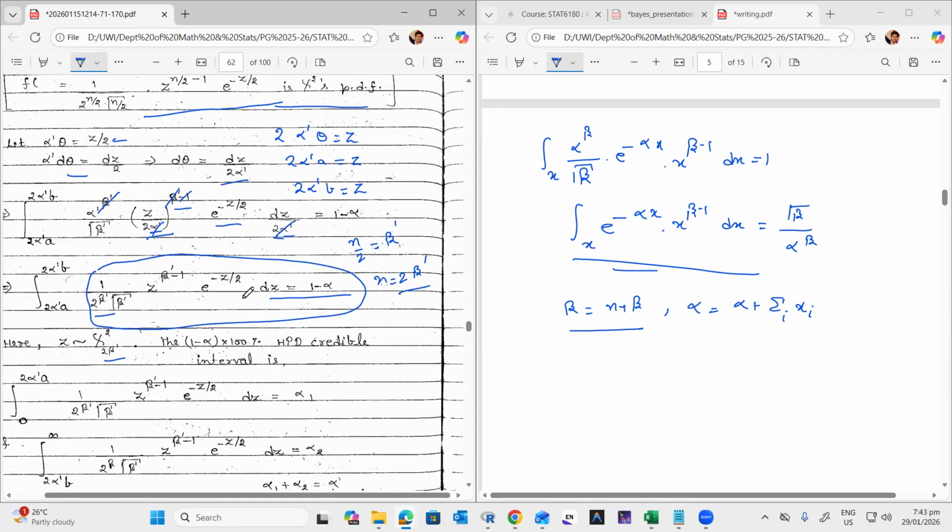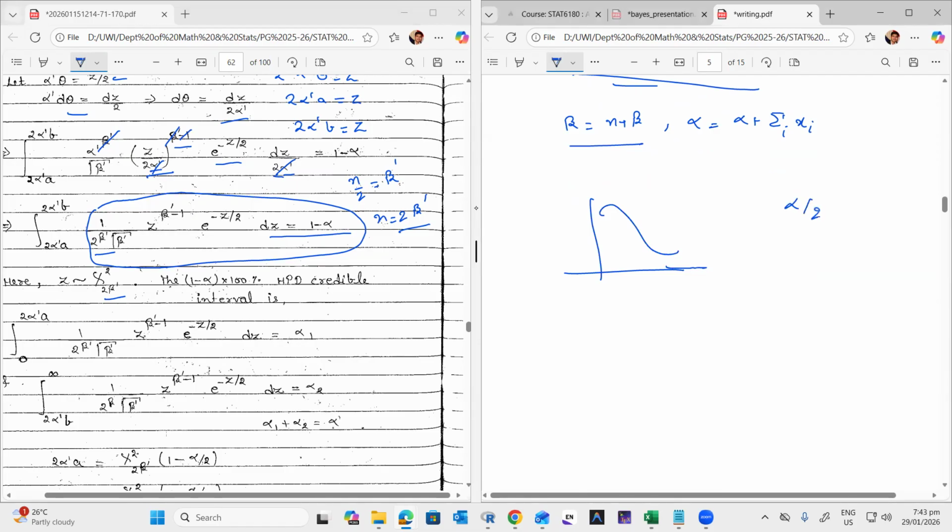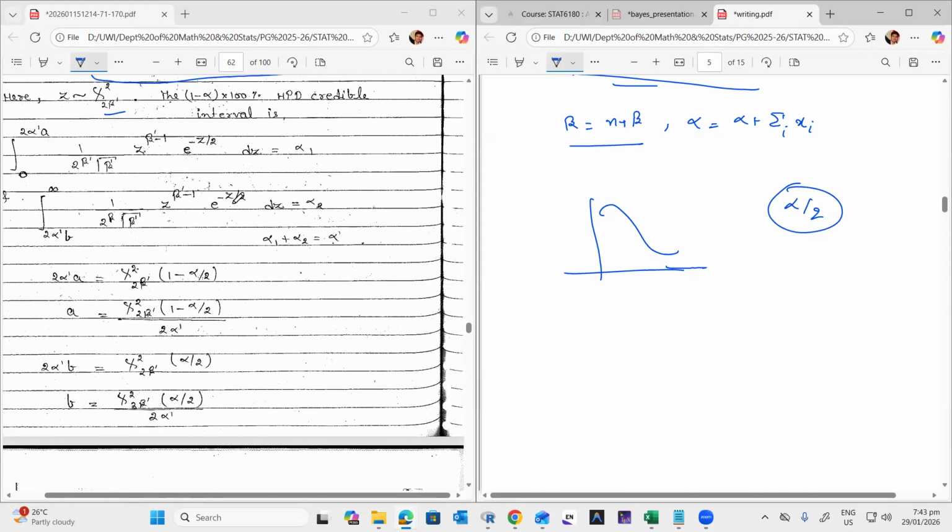So now you need to understand one thing. Chi-square distribution is asymmetric, right? So you cannot write alpha by 2 here. So that's why, first we are going to consider 0 to 2 alpha dash a, up to the limit of the chi-square density function, and that will be equal to alpha 1, okay.